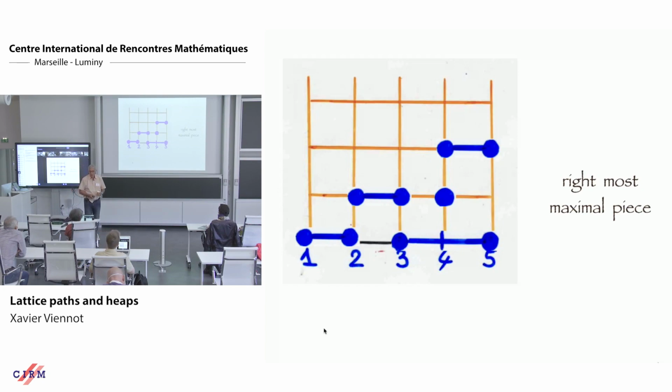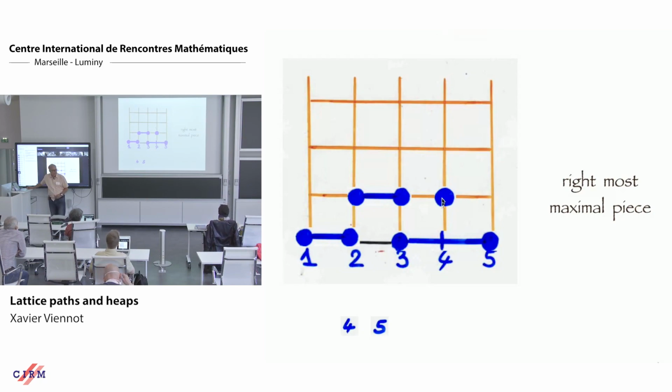And the algorithm: you take off the pieces one by one, and each time you take the rightmost maximal piece. The rightmost maximal piece is this one. There are two maximal pieces, the rightmost is this one, and you delete it. This maximal piece is 4, 5. So these are the first two terms of the alternating sequence: 4, you increase to 5. Then you delete it.